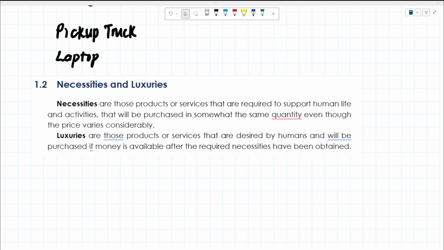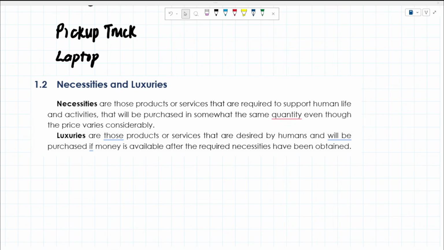But if it is a tool that we use every day for our business, let's say for our construction, we use it for hauling construction materials or delivering stocks, or picking up things from one hardware to the job site, then it becomes a necessity, right?